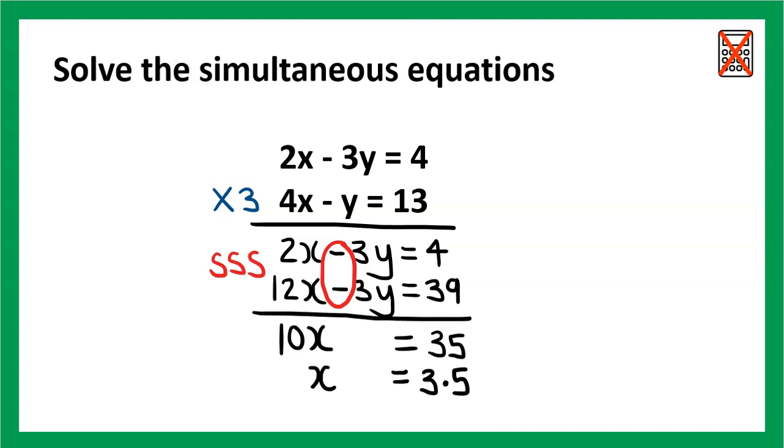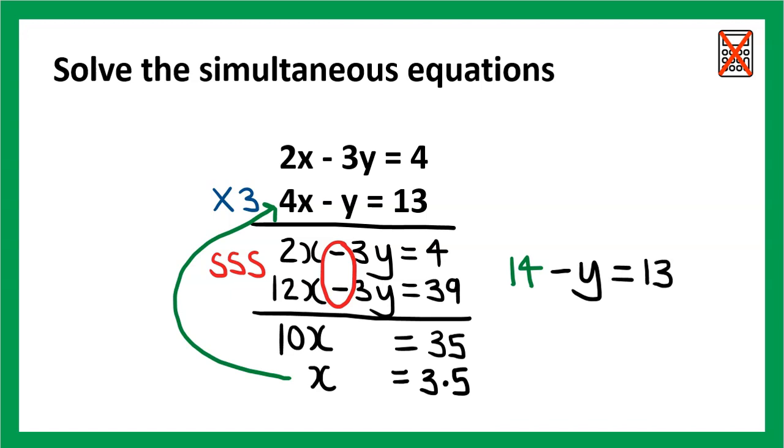It's perfectly reasonable to get fractional answers from simultaneous equations, but they do tend to be key ones like 0.5 or 0.25, for example. Normally, I would encourage you to substitute this back into one of the signs that was positive, but in this case, we don't have the luxury or the benefit of that. So I'm going to substitute it into the second equation, but it really doesn't matter which one you pick here. So we've got 4 lots of x, 4 lots of 3.5 is 14. And 14 minus y is equal to 13.